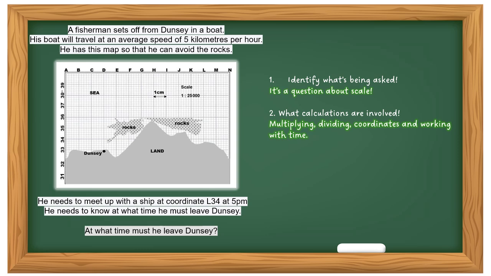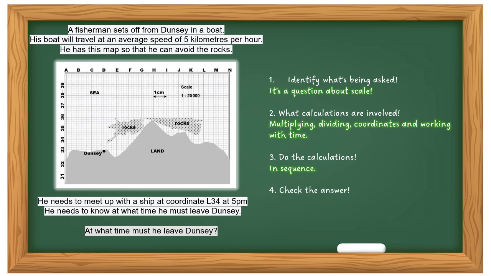You can see there's coordinates involved, and there's also time involved. So these are skills that you'll need to be aware of. Then you do the calculations. But make sure when you're working with this type of question, you do the calculations in sequence in a logical pattern. And then to finally finish off this fairly complex question, you check the answer.